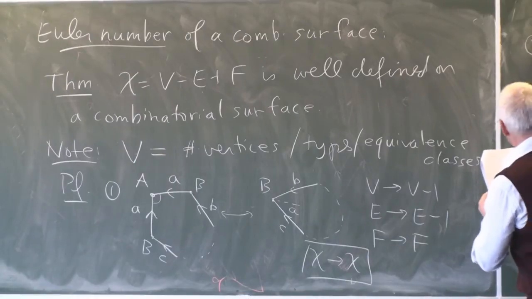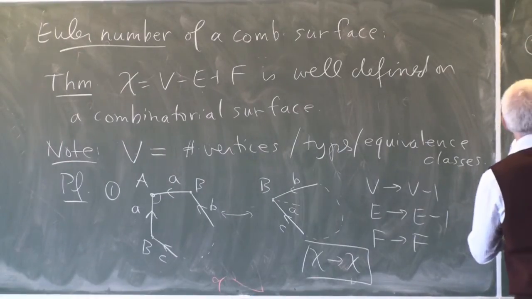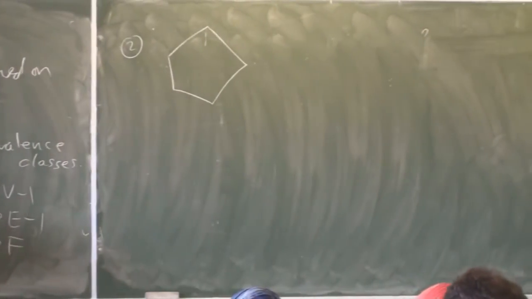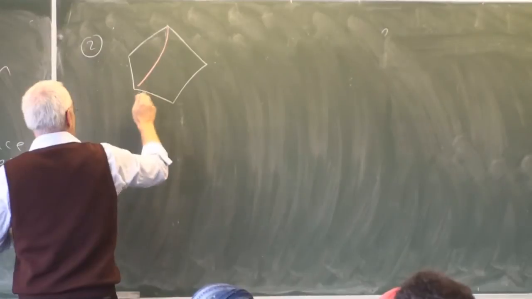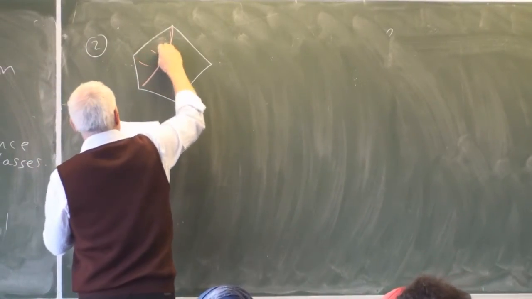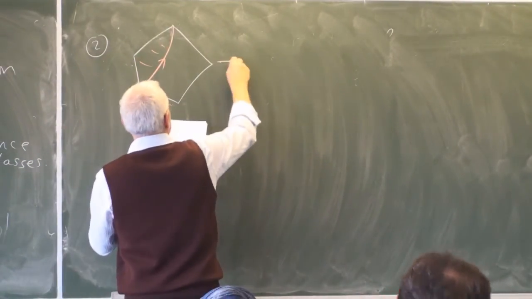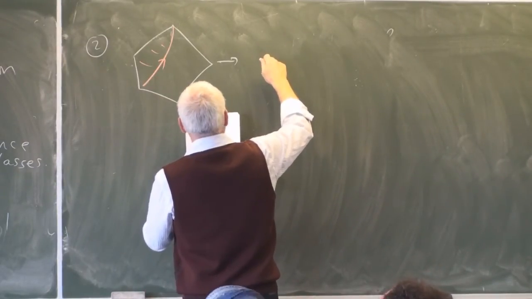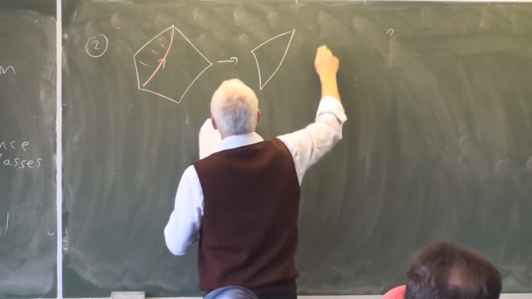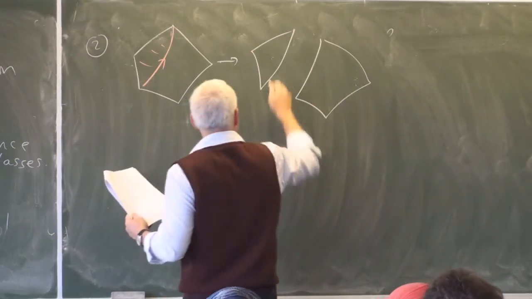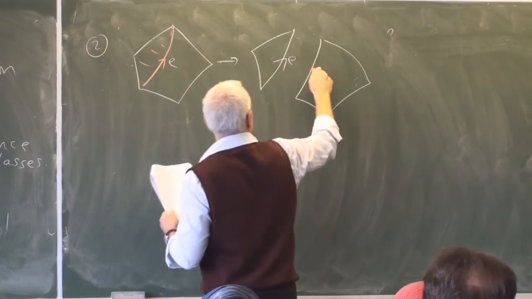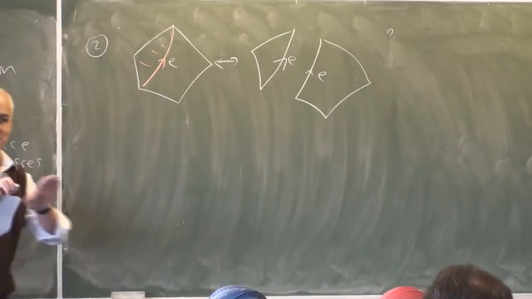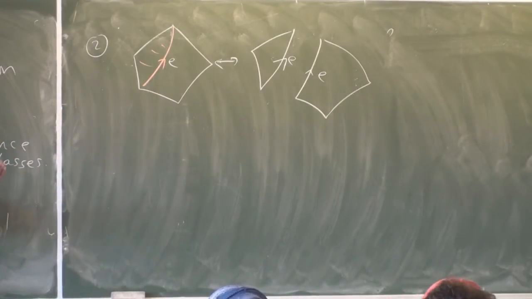And our second operation, when we have something like this and we make a cut and then separate it into two pieces, say, the edge E. This is the basic kind of cut and paste business where we cut and separate or glue together.